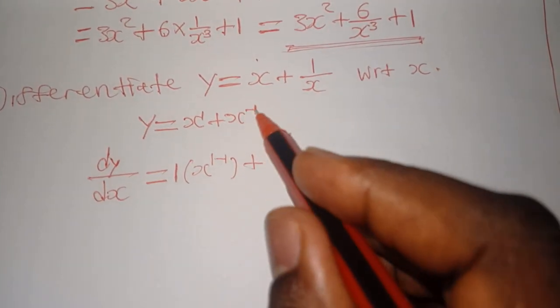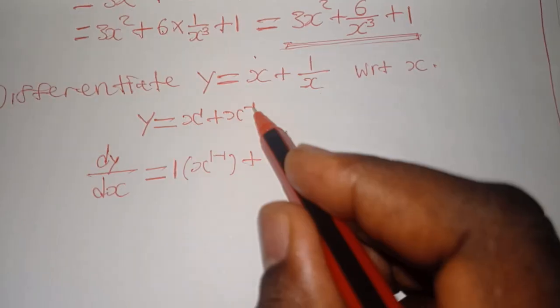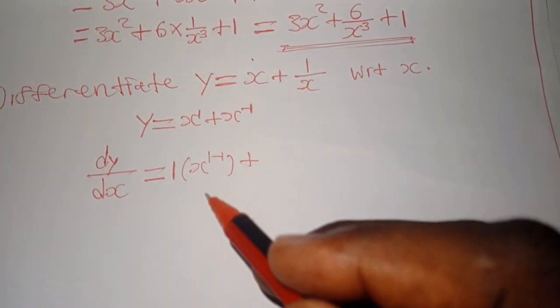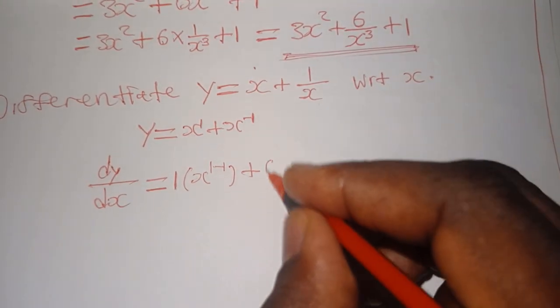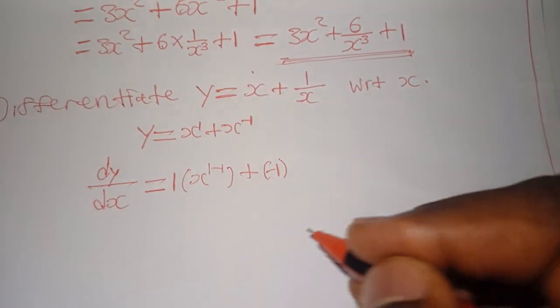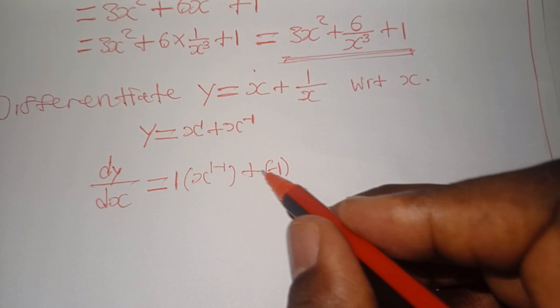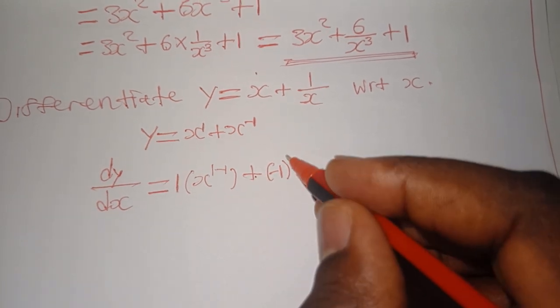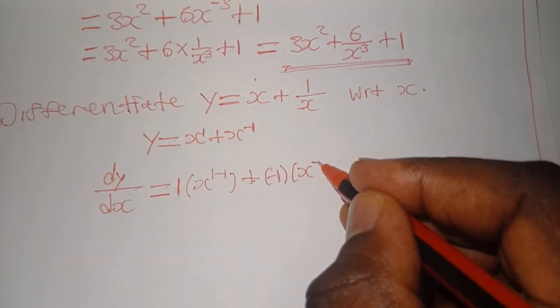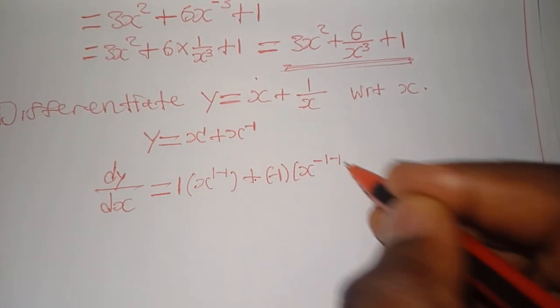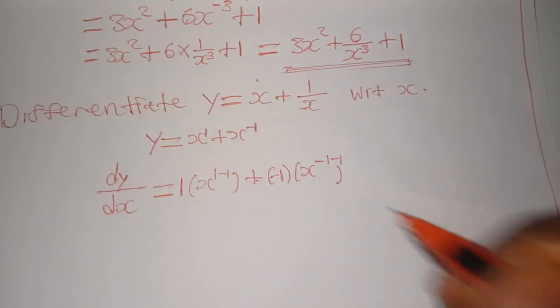Here, the power is negative 1. Negative 1 will come and drop here. So when negative 1 drops here, we'll have negative 1 in the brackets because the signs cannot follow each other. So we put it in the brackets. Then we'll have x in the brackets to the power negative 1 minus 1. We are reducing it by 1.